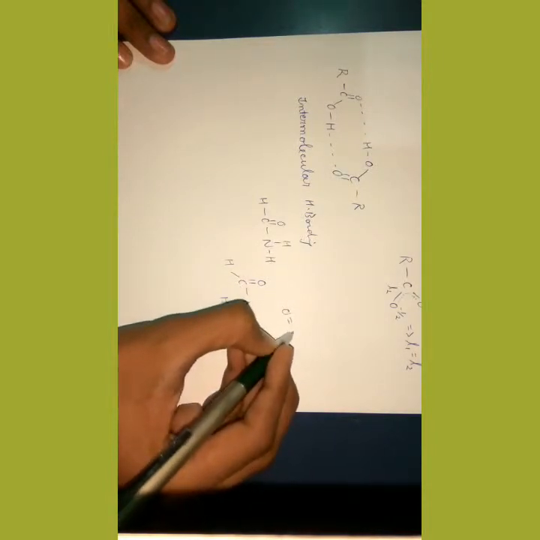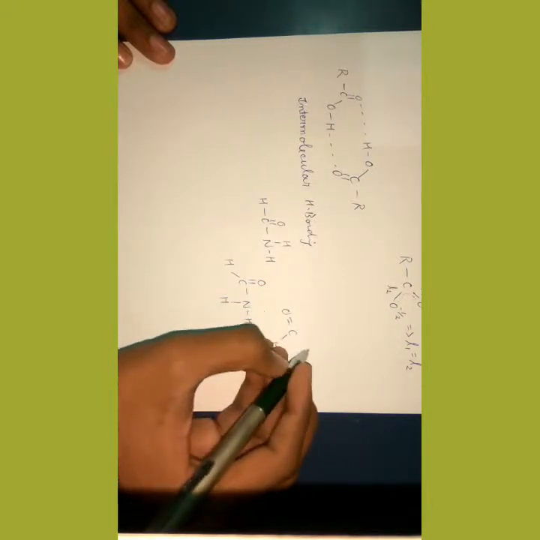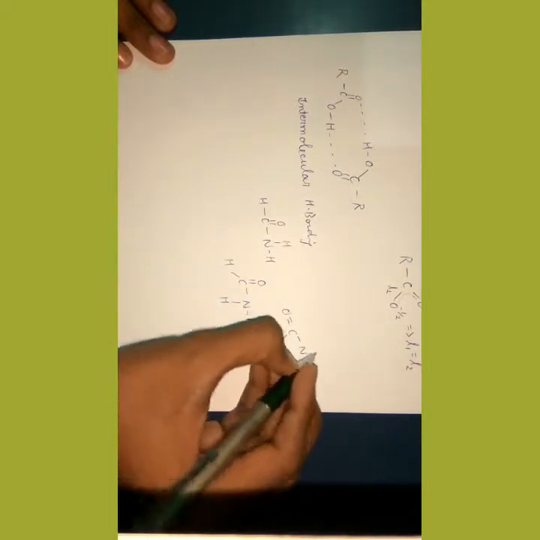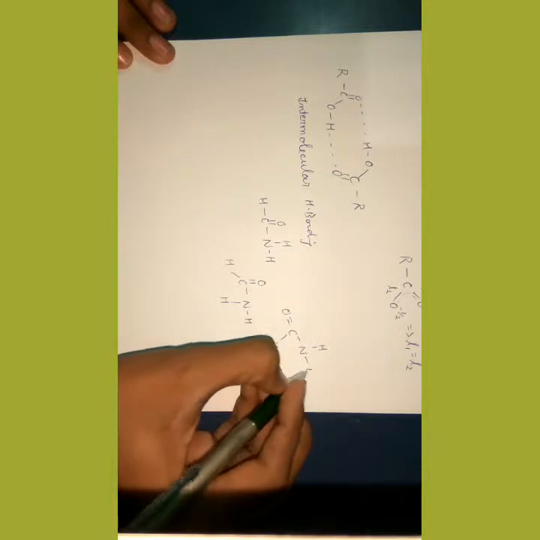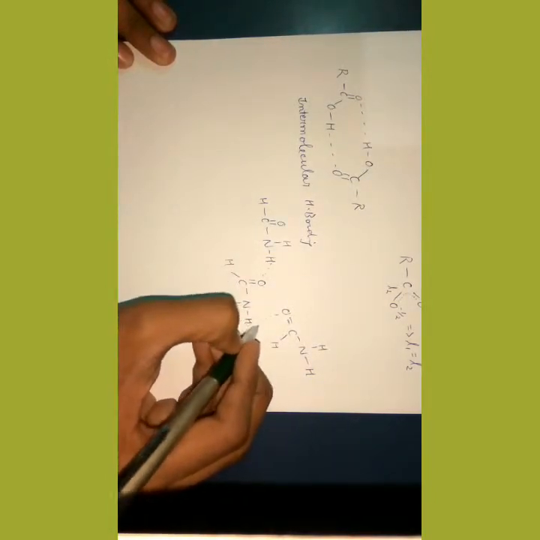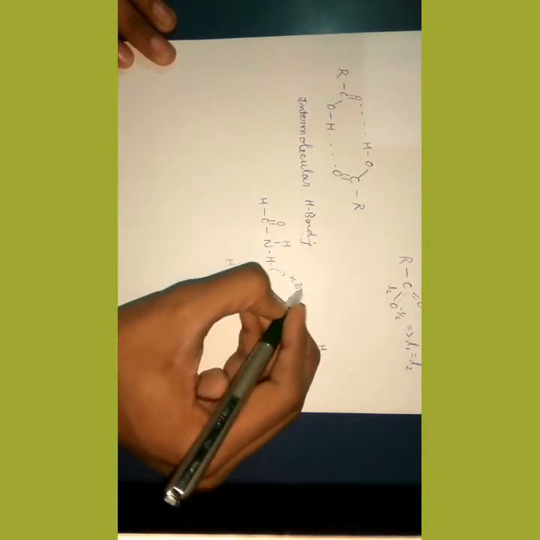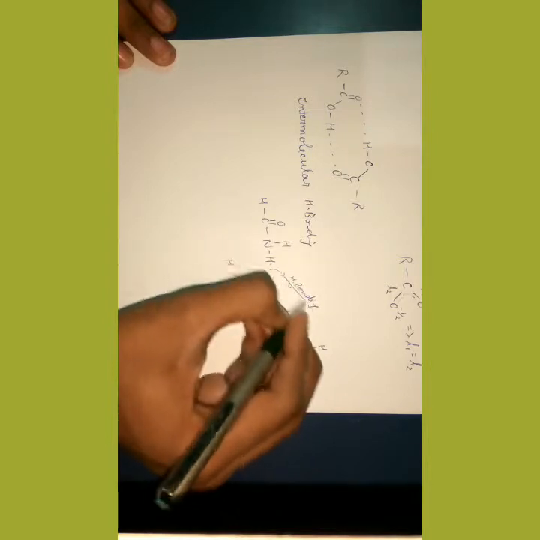Hydrogen bonding occurs between different molecules or within the same molecule, as we have already described with the names inter and intra, and here I am showing intermolecular. This is one molecule, this is another, and this is the third one, and between these molecules hydrogen bonding will take place like this. This is the hydrogen bonding, and in this way the compound gets bigger and bigger.